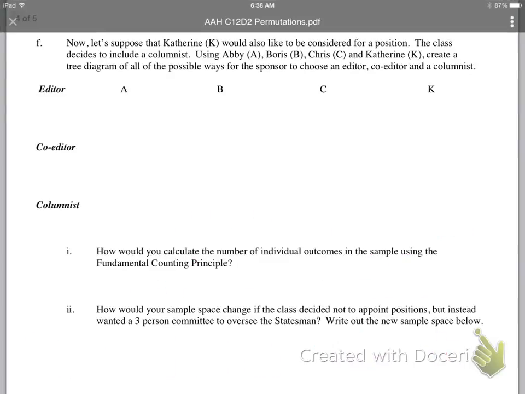So now you'll notice we have Catherine added for the position because they want a columnist. So here's what a tree diagram is. So we have Abby, Boris, Chris, and Catherine. So let's say Abby's the editor. Well, that means I have 3 possibilities for co-editor. I have Boris, I have Chris, I have Catherine. And then from there, I have 2 possibilities for columnist.